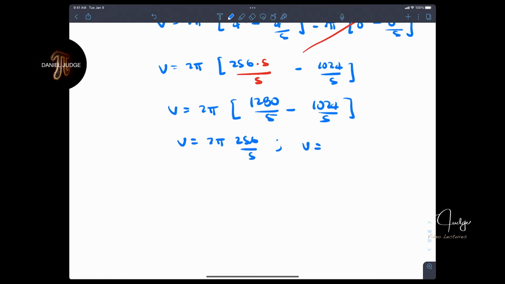So the volume would be double that. Looks like it's 312 pi over 5.